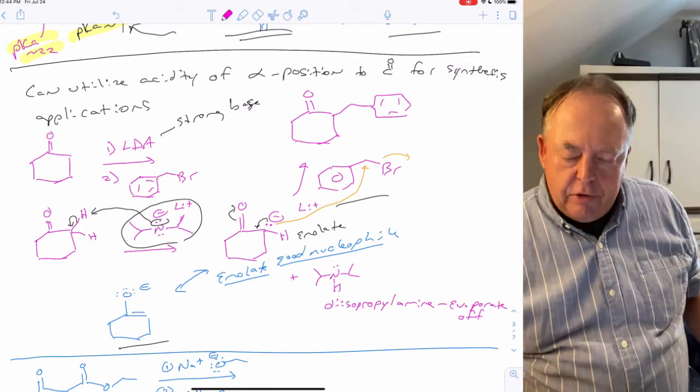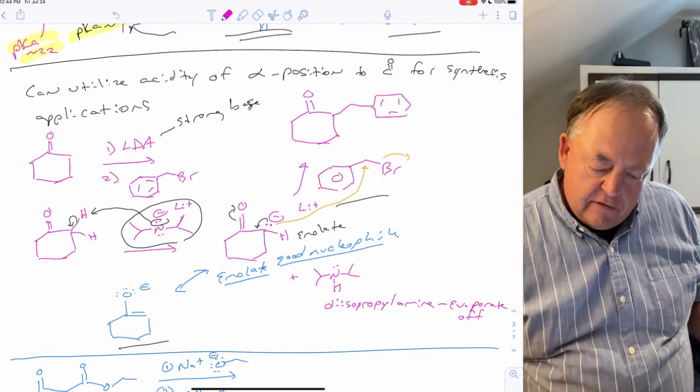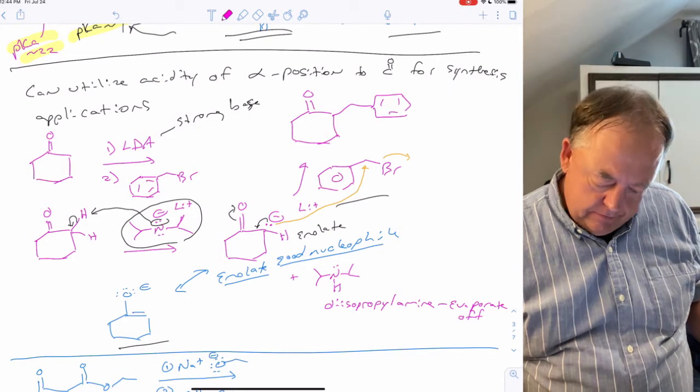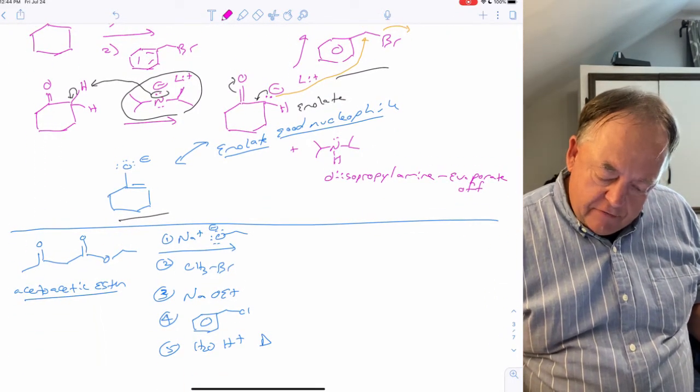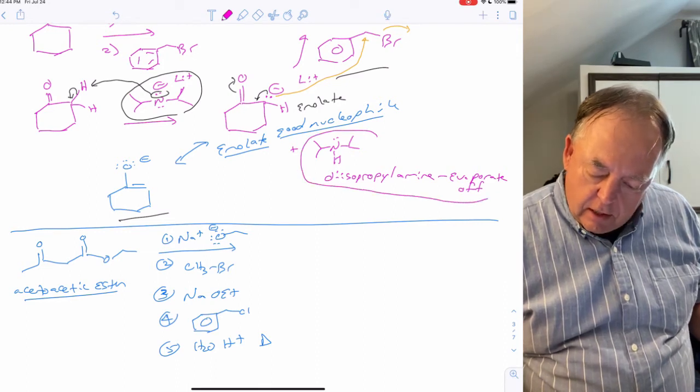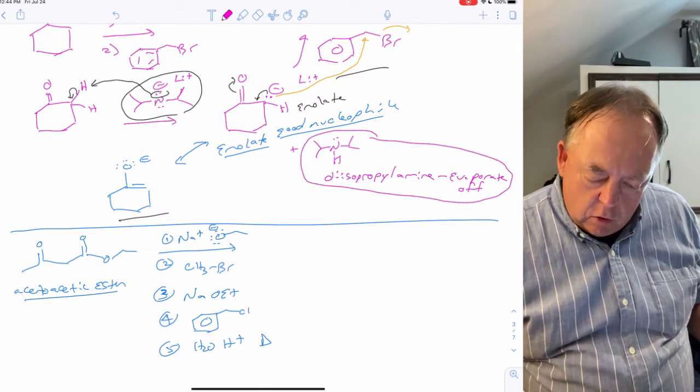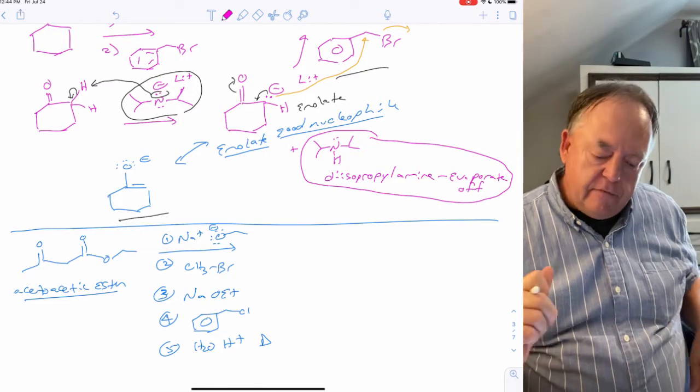So that would allow you to do alpha alkylation of a ketone or an aldehyde. And then once LDA takes the proton off, you get diisopropylamine, which is easy to get rid of because it has a low boiling point, so it would just evaporate off from the reaction.